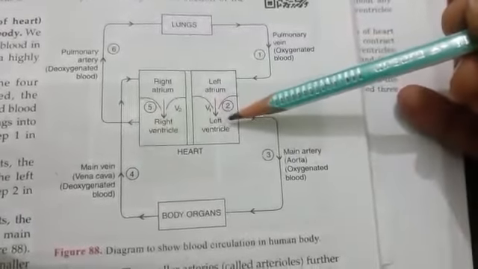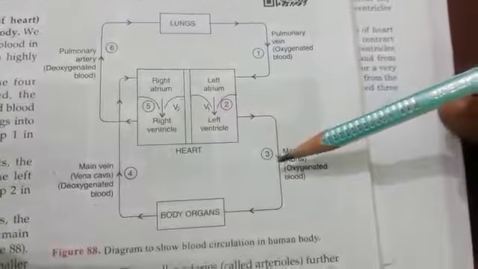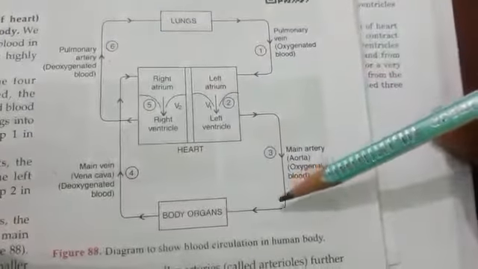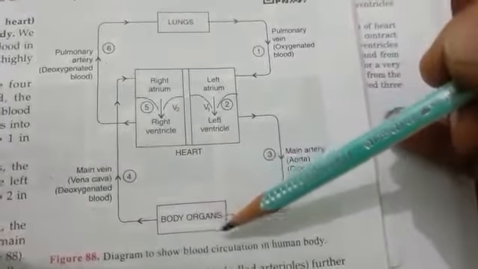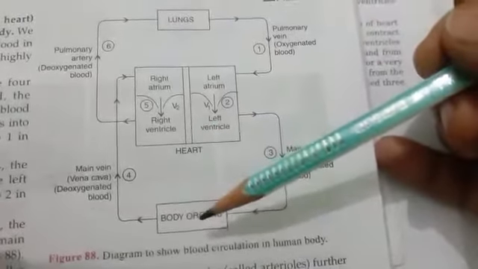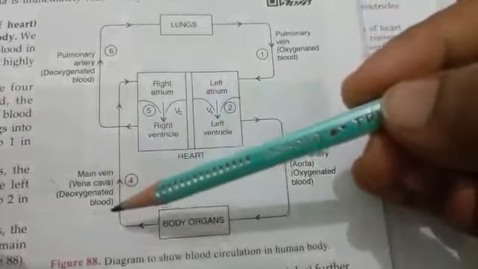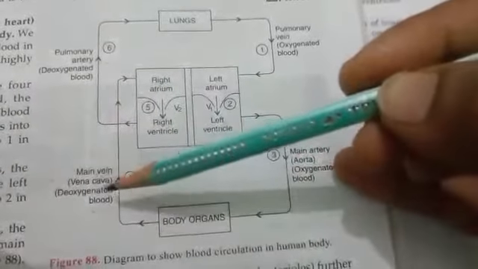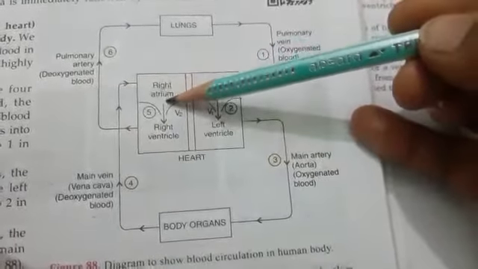From left ventricle, blood is carried out by aorta and again it carries oxygenated blood to the body organs. Our body organs use the oxygen part of the blood, and after that it gives deoxygenated blood which is carried out by vena cava and it goes to the right atrium.